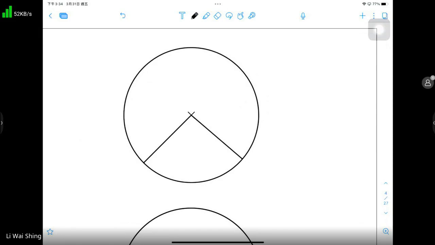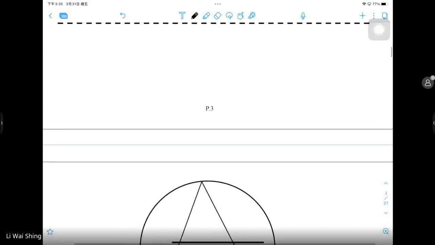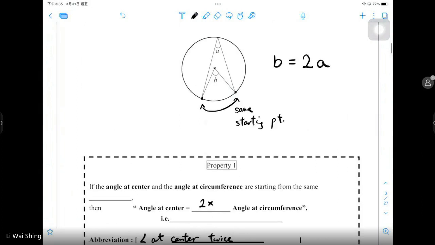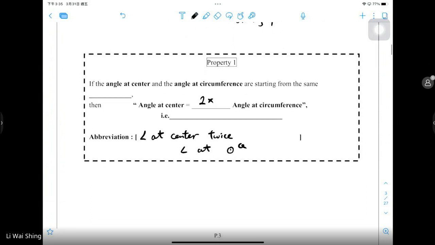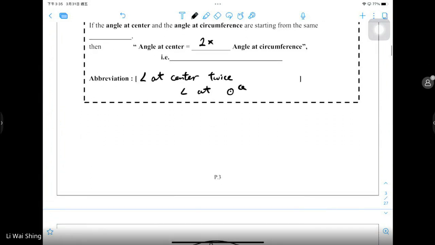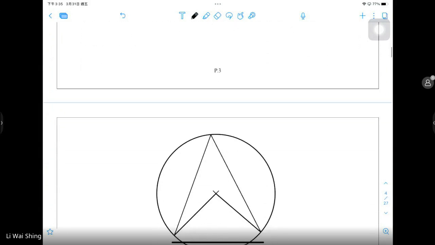Okay, the first type. Angle at center twice angle at circumference, 圓心角兩倍於圓周角. In Chinese, you need to write 圓心角是圓周角的兩倍 or 圓心角兩倍於圓周角, whatever.